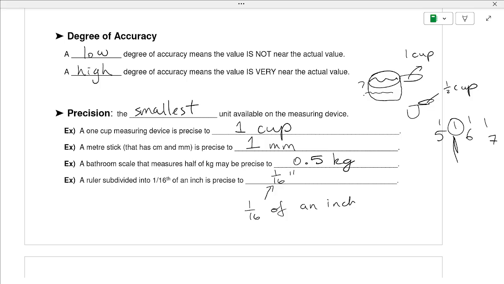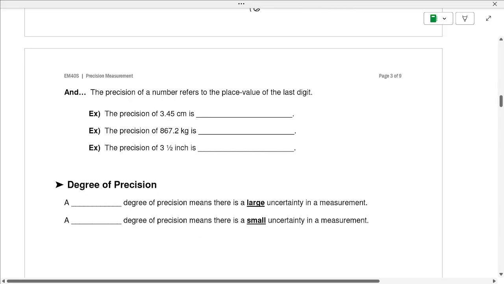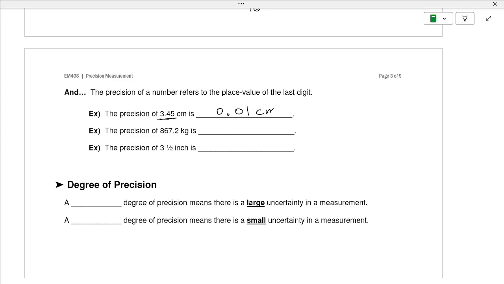All right, moving on. When you actually have a measurement written down, the precision of a number refers to the place value of its last digit. So if I tell you that I have a measurement that's 3.45 centimeters, the precision of that is 0.01 centimeters. Get it?